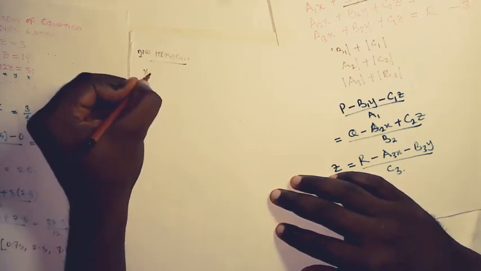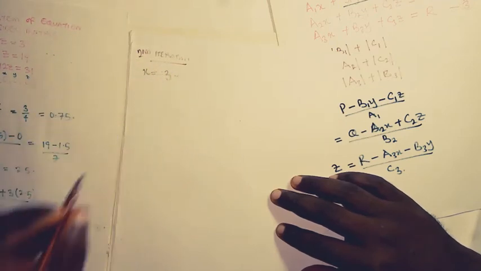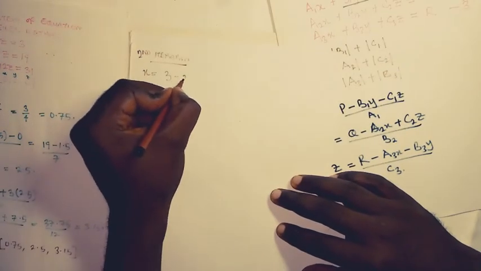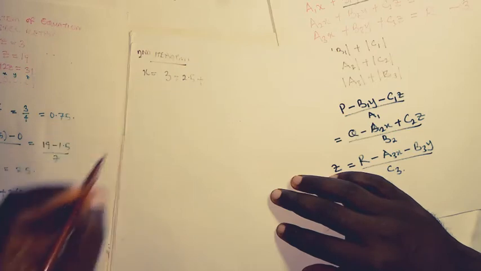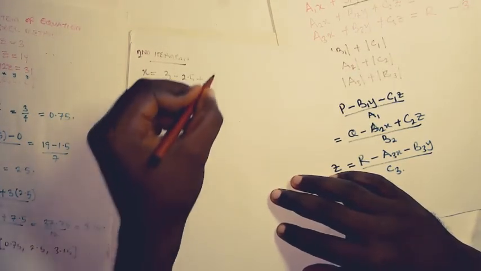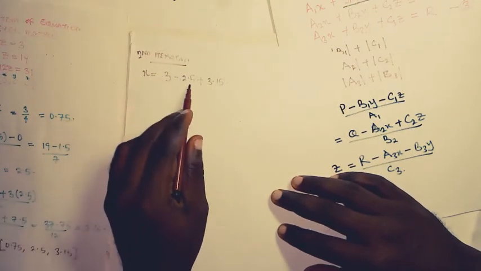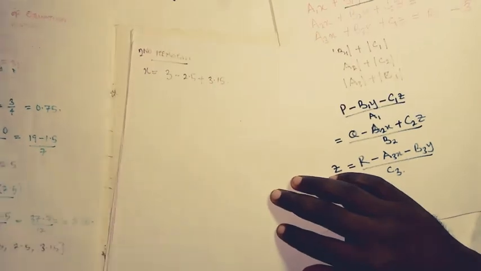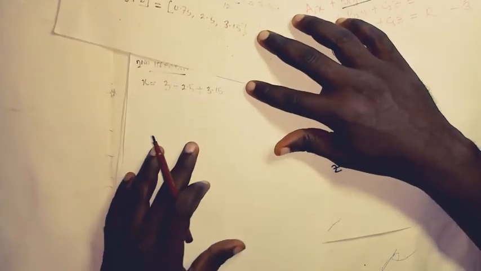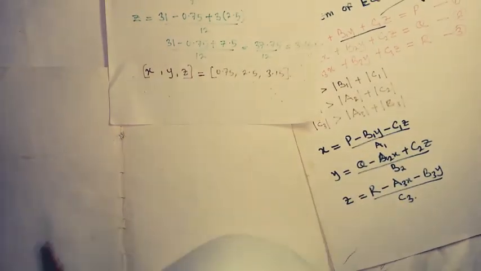So for x, we have 3 minus y, which is 2.5, plus z, which is 3.15. Remember, 2.5 and 3.15 are the same values that we got in our first iteration. So we are just plugging them back into the second iteration.